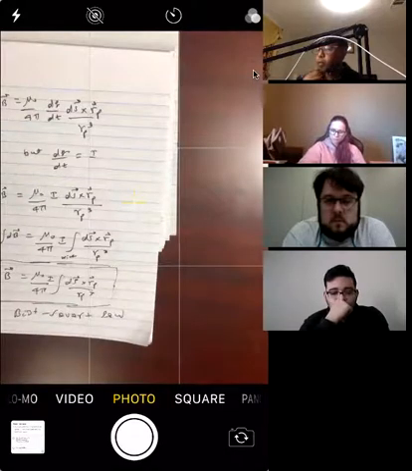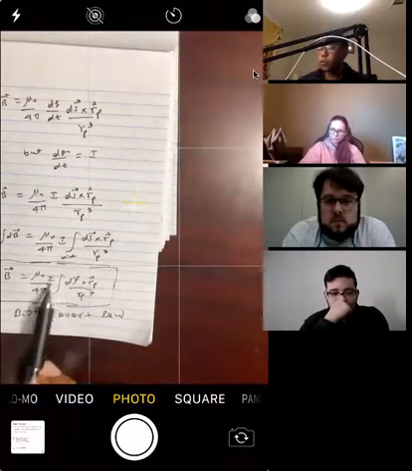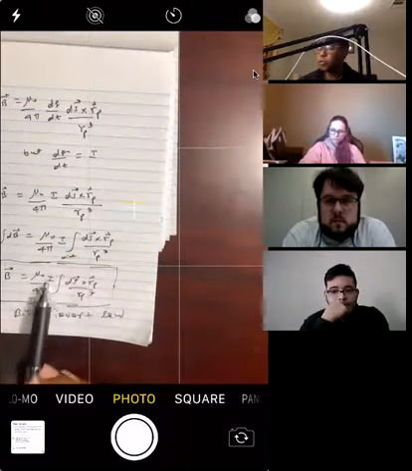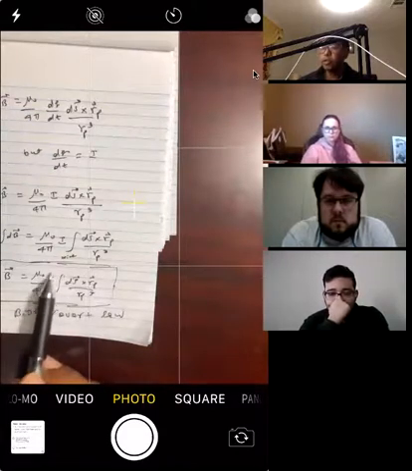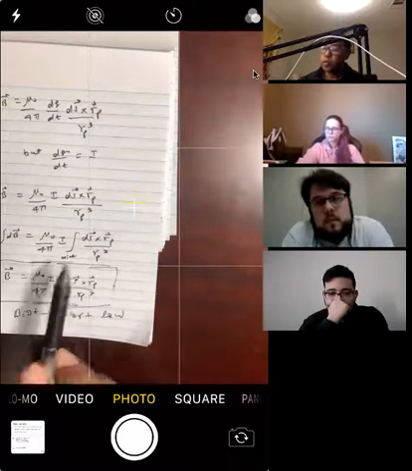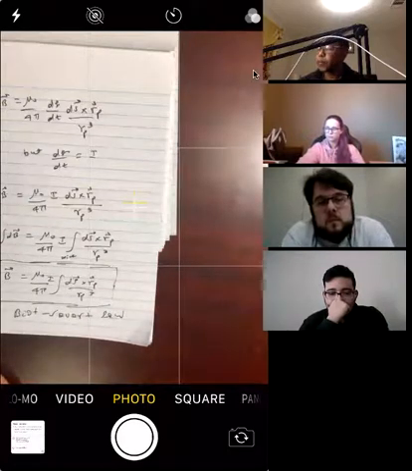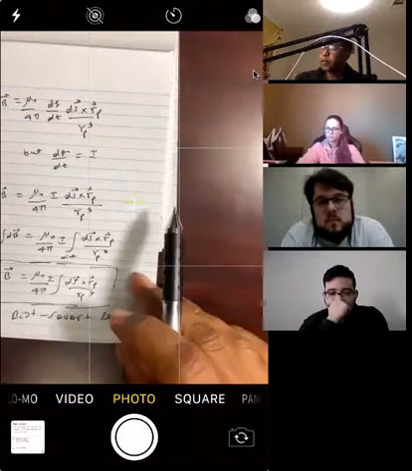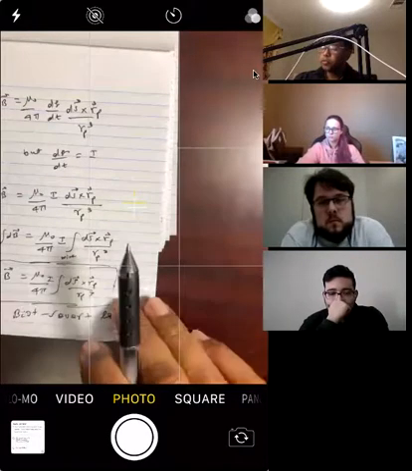You can do that too, but I think it's easier to always integrate in the positive direction and put the sign on the current. If the current is going counterclockwise, you make it positive. If it's going clockwise, make it negative. All right, so we're going to look at some applications of this formula now.